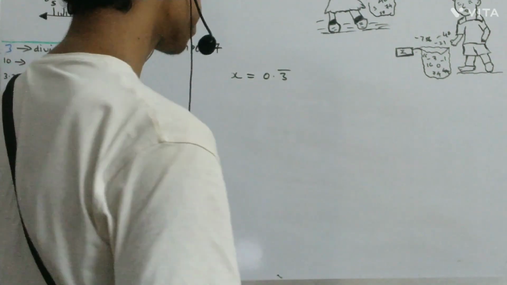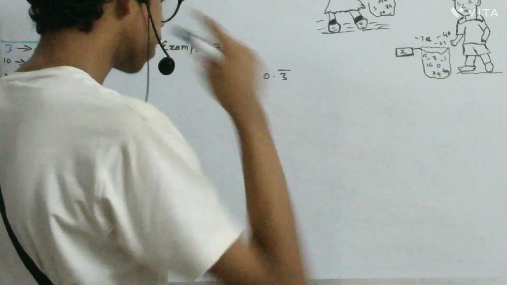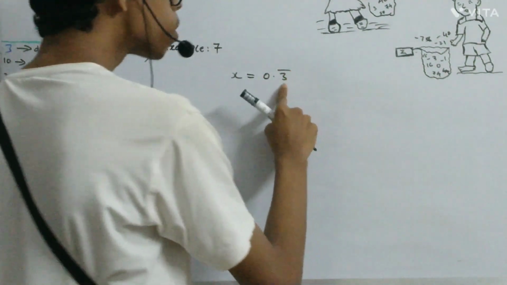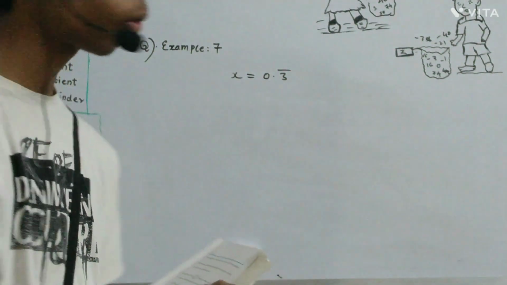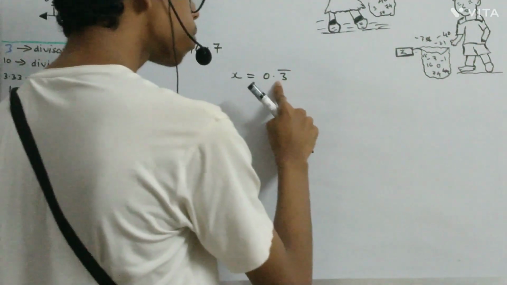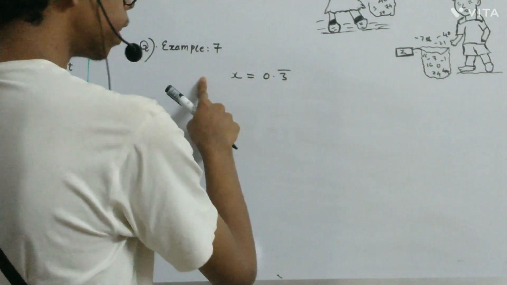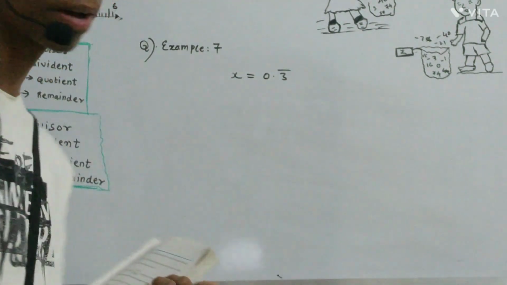Now in our next step, you just see over here. After the decimal point, the bar symbol is present only on 3. Okay, that means since it is present only on one number, we have to multiply the LHS and RHS by 10.